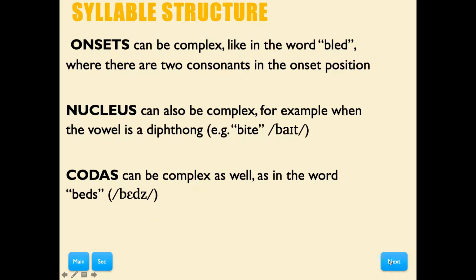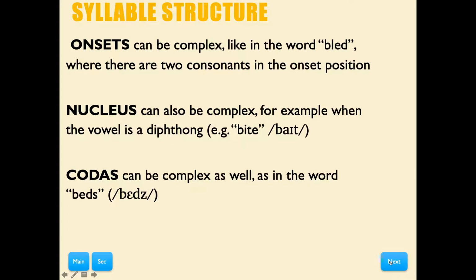Now, in English, onsets can be complex, like in the word bled, where there are two consonants in the onset position. The nucleus can also be complex in English because sometimes you can find a diphthong in a word, as in bite. And finally, codas can be complex as well, as in the word beds.